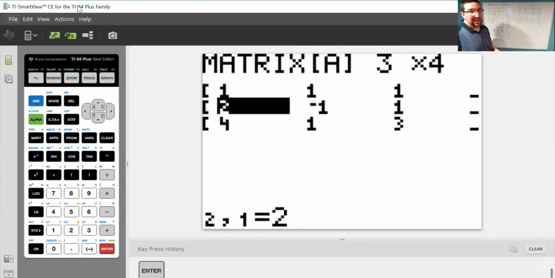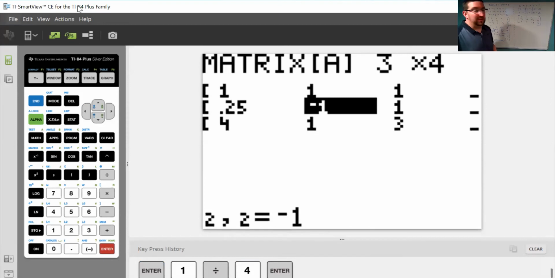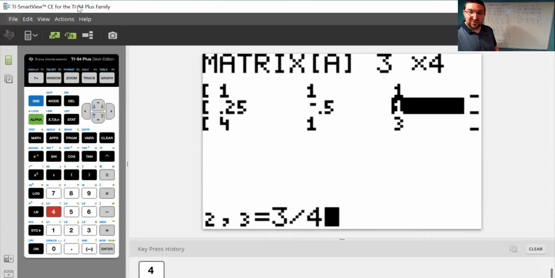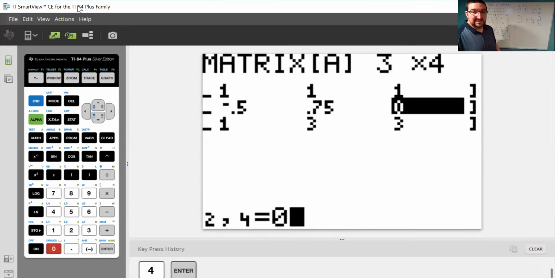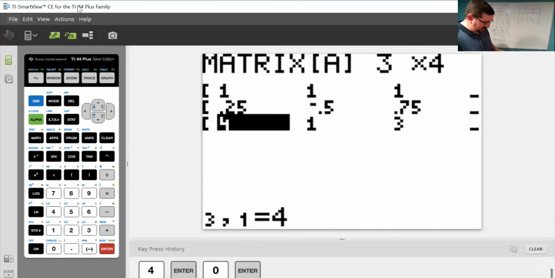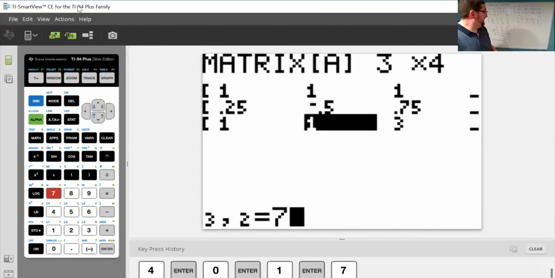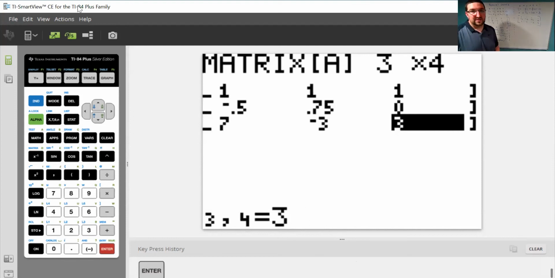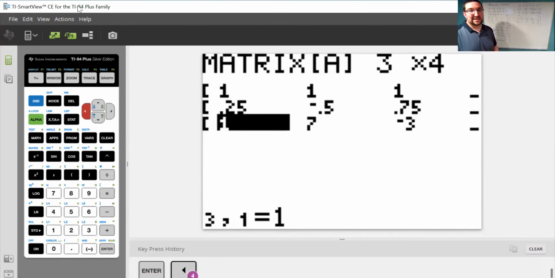Then to enter in fractions, you can enter them as decimals. I know last time I used the alpha y equals. This time I'm just going to be okay with decimals. It's completely up to you what you want to use. And then 0. And then our last row is 1, 7, -3, and 3. So we have it all in like that.